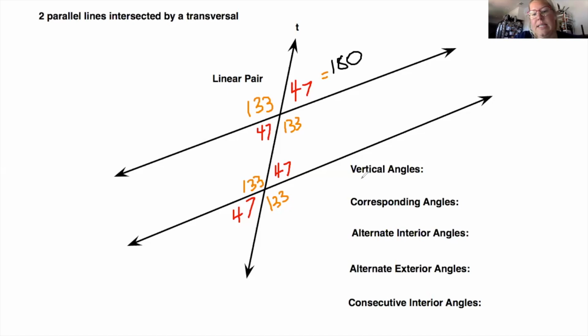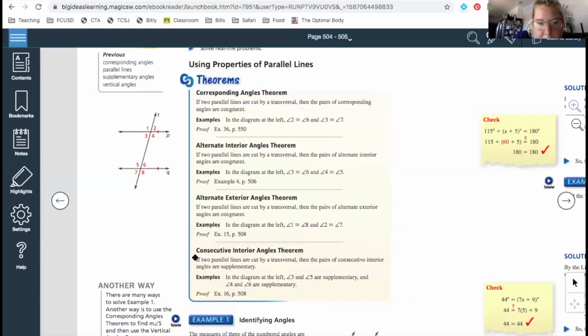But consecutive interior angles. So these angles on the same side on the inside, okay? 133 plus 47. And what the theorem says about that, if two parallel lines are cut by a transversal, then the pairs of consecutive interior angles are supplementary.